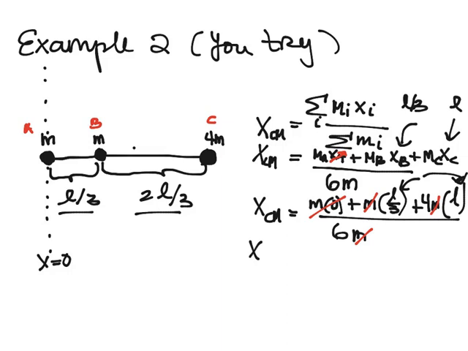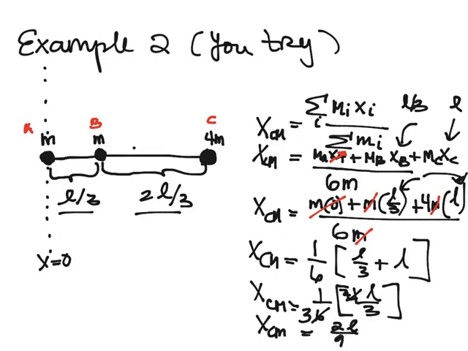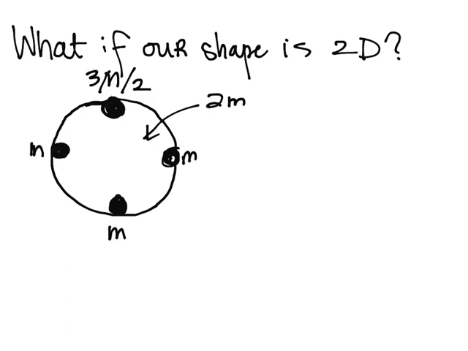So we have xcm is equal to, I'm going to bring the 1/6 out, L over 3 plus L. Okay, that means that xcm is equal to 1/6 times 4L over 3. Okay, and we can cross this out and get a 3 and a 2, and we have xcm is equal to 2L over 9. Alright, so hopefully that doesn't seem too bad.